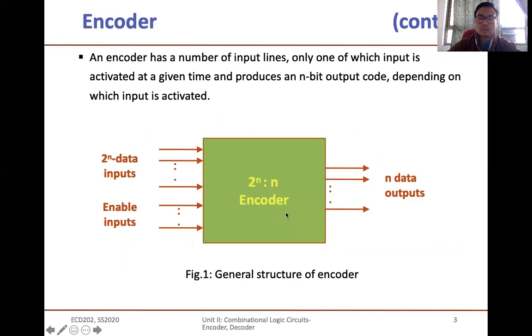Now this one is the general structure of encoder. Encoder has a number of input lines, only one of which is activated at a given time. In order to have output, only one input is activated at a particular time. Depending on which input is activated, you will have output.